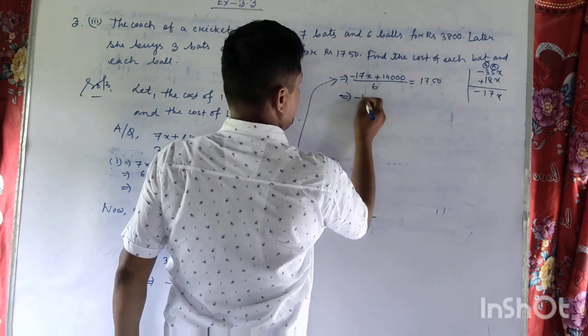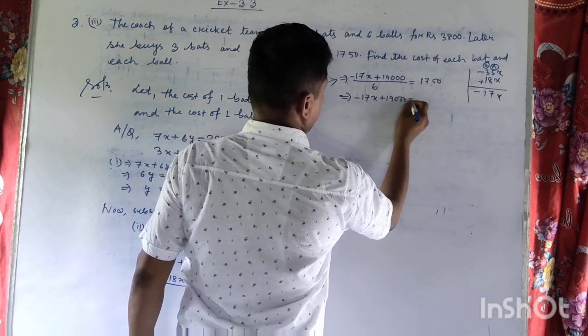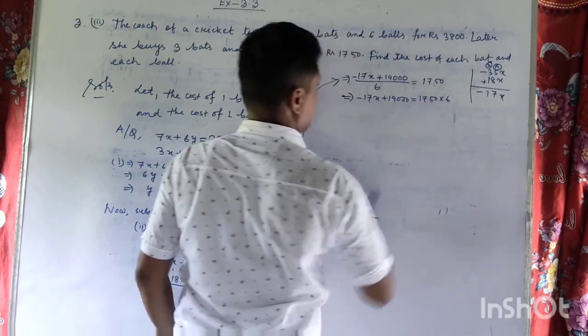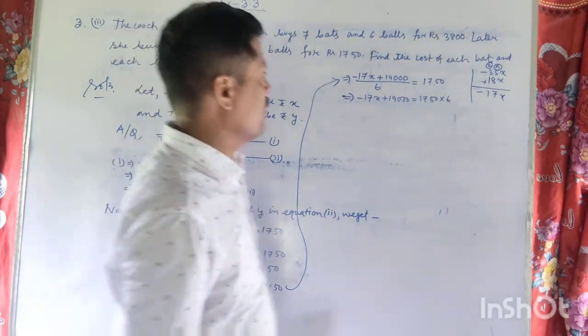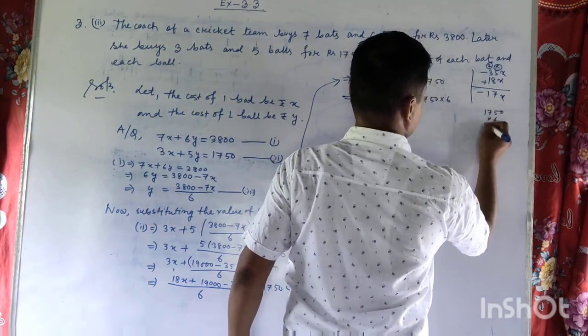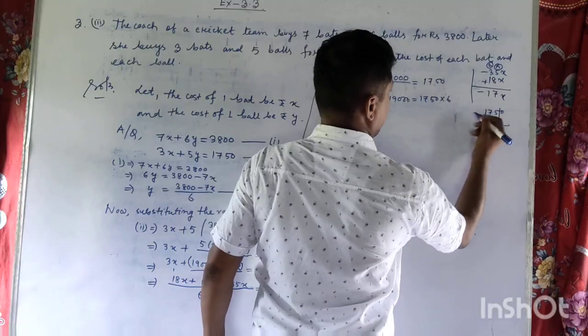Now minus 17x plus 19,000 is equal to 1750 into 6. Then what will we get here? 1750 into 6. 0 put right here. 6 fives are 30, 3 in hand.